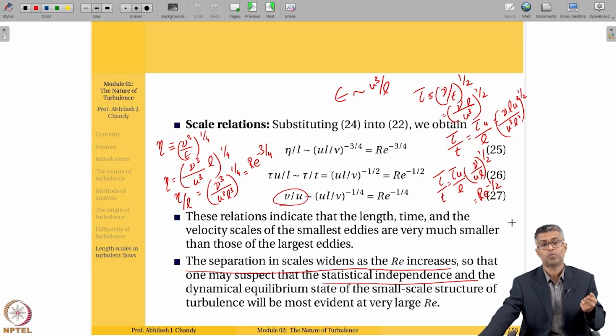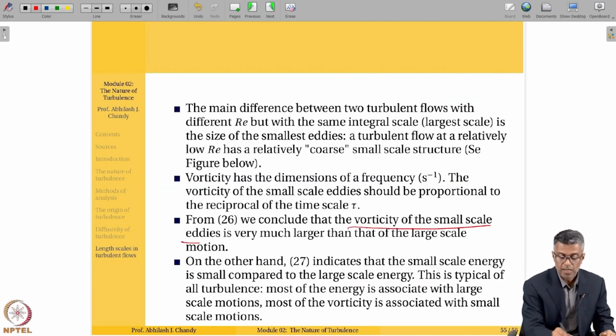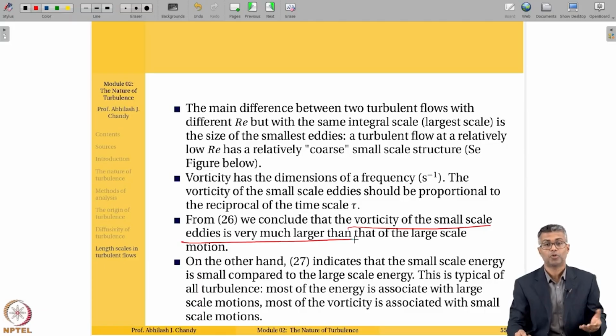So because of that, the vorticity of the small scales is much larger than the large scale motion, because vorticity is proportional to the reciprocal of the time scale. Smaller the time scale, larger the vorticity, which means vorticity of the small scale structure is going to be larger than the vorticity of the large scale structure.